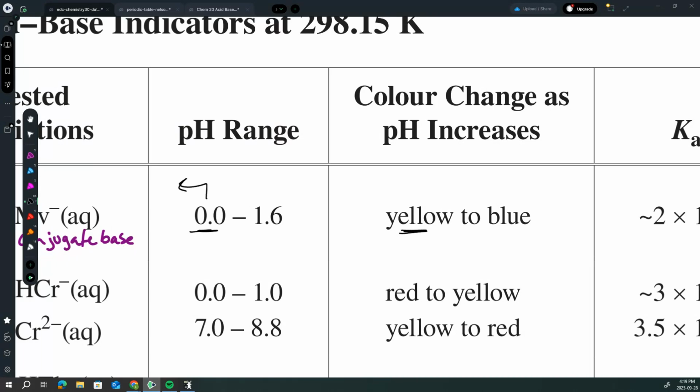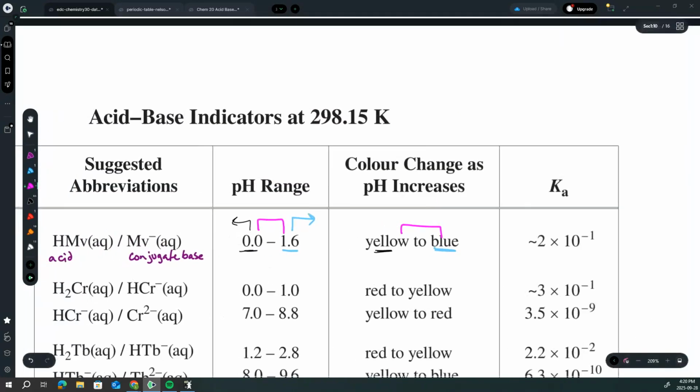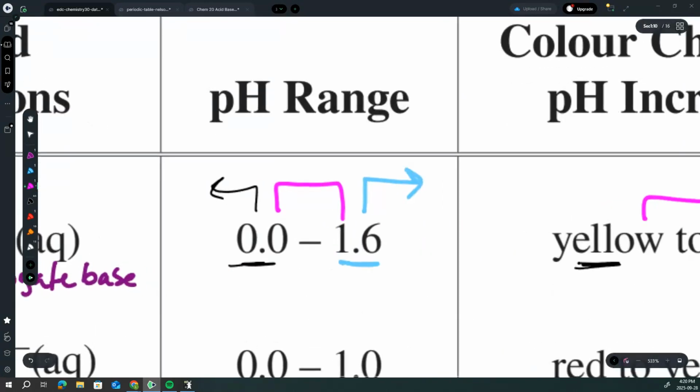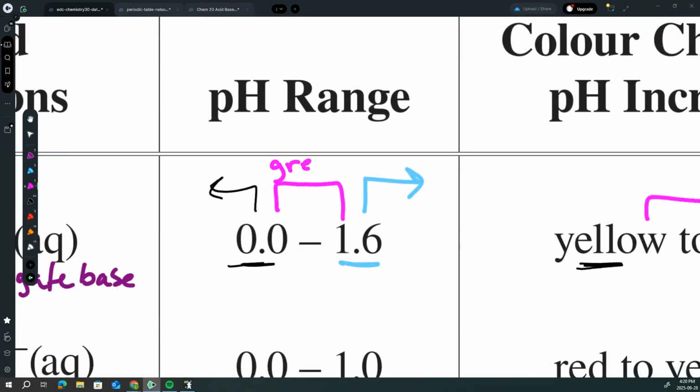So 0 and below, that's going to be yellow. For blue, that's going to be at 1.6 and above. What's in between is going to be the in-between color between yellow and blue. So in between 0 and 1.6, methyl violet is going to be green.